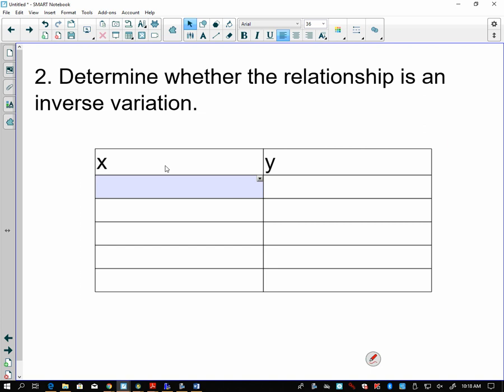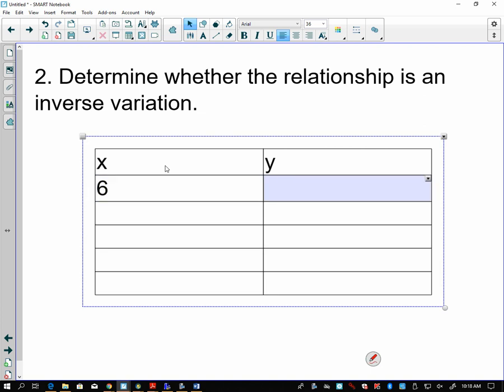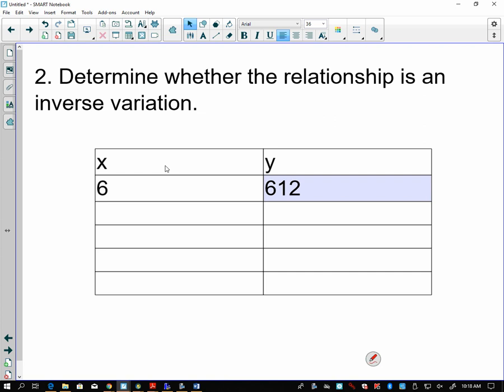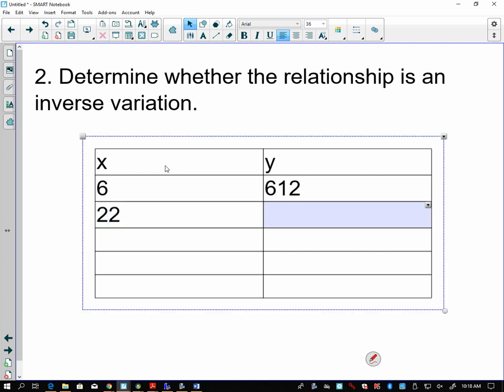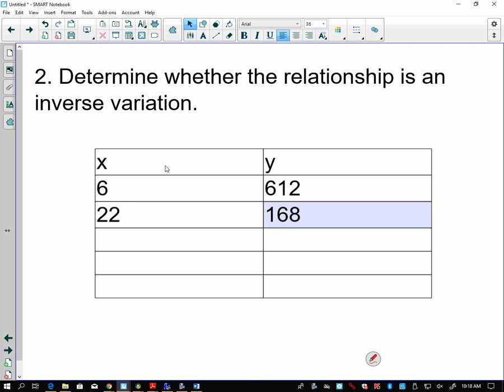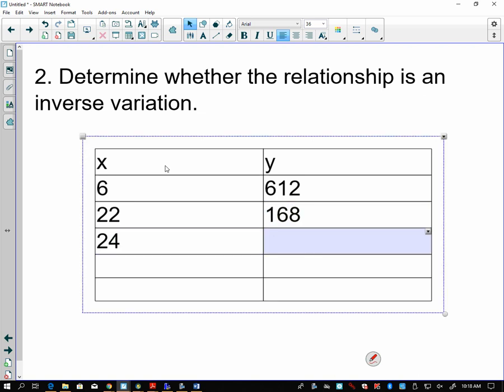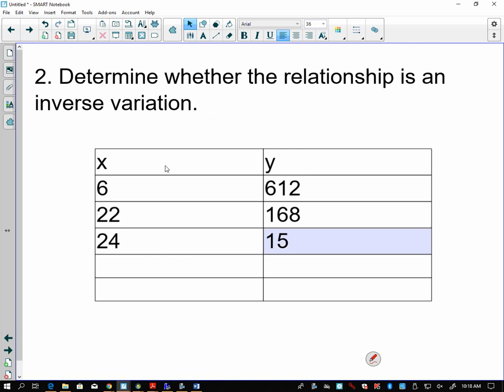Let's say we have 6 and 612, 22 and 168, 24 and 154.